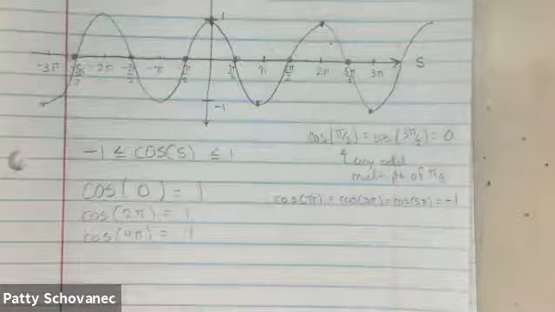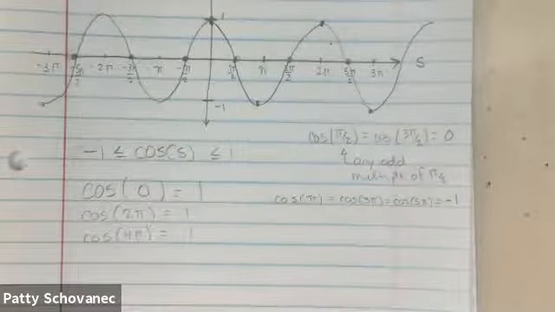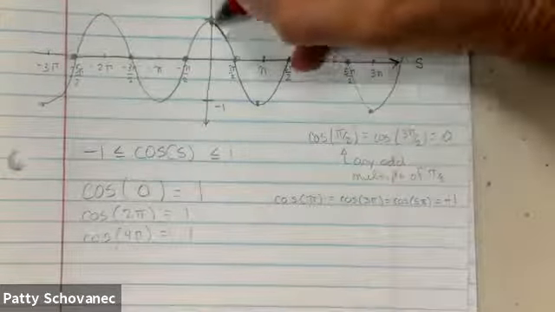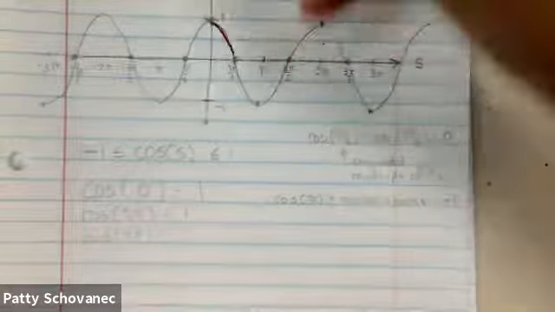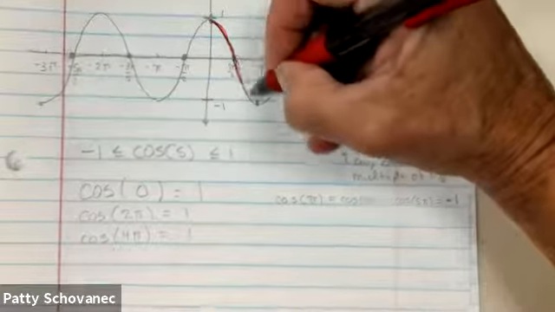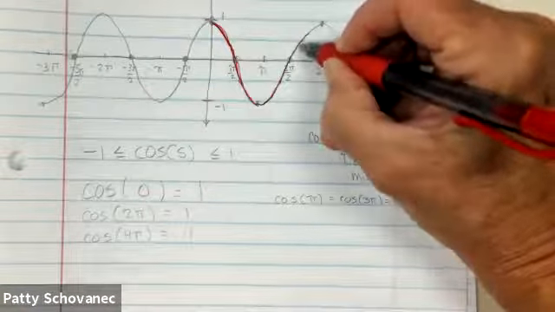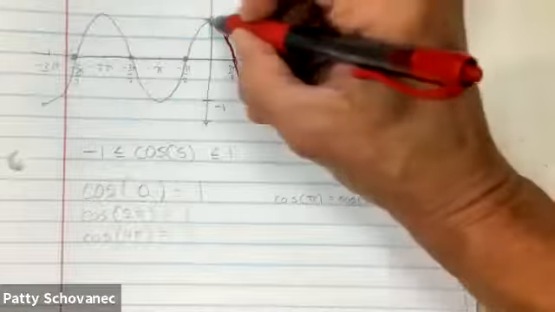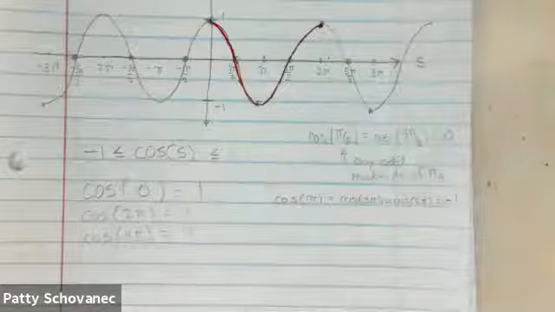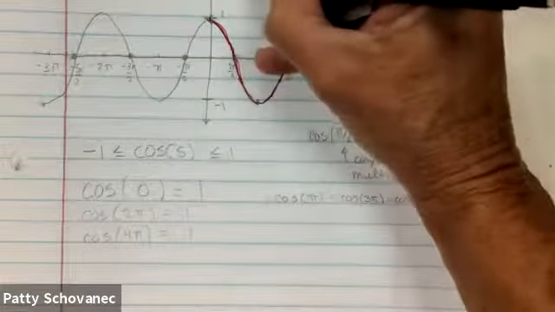So let me highlight one period of the cosine curve. This period again has a length of 2 pi. Then they start repeating their values over and over. So that is one period.